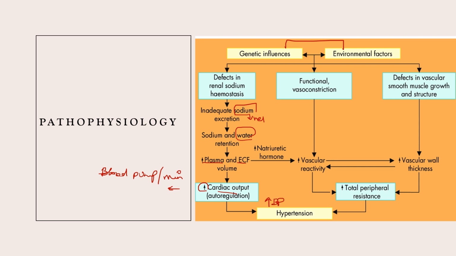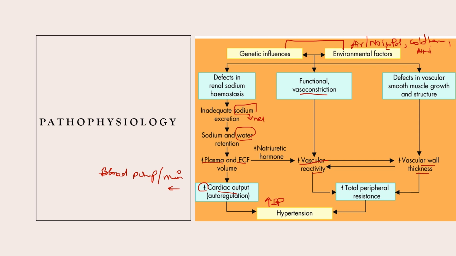The environmental factors like air or noise pollution, cold temperatures, and high altitudes can also lead to functional vasoconstriction or defects in the smooth muscle growth and structure. This leads to increased vascular reactivity and increased vascular wall thickness.